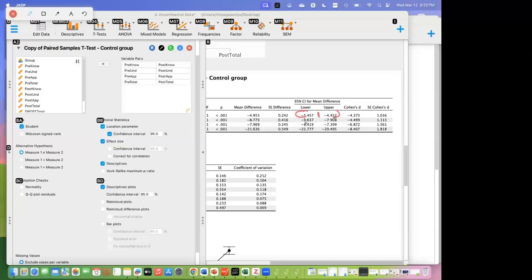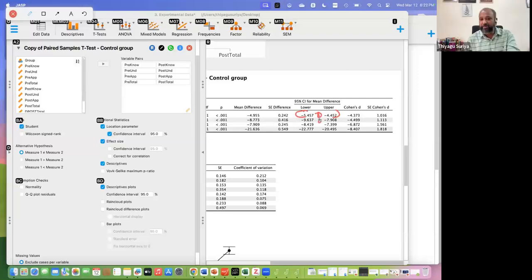Why is it significant? Because no zero comes in between. If zero comes in between, it is called not significant. If no zero in between, it's called significant. Therefore, in all the cases no zero comes, because the interval starts with minus and ends with minus. Therefore, all is called significant.